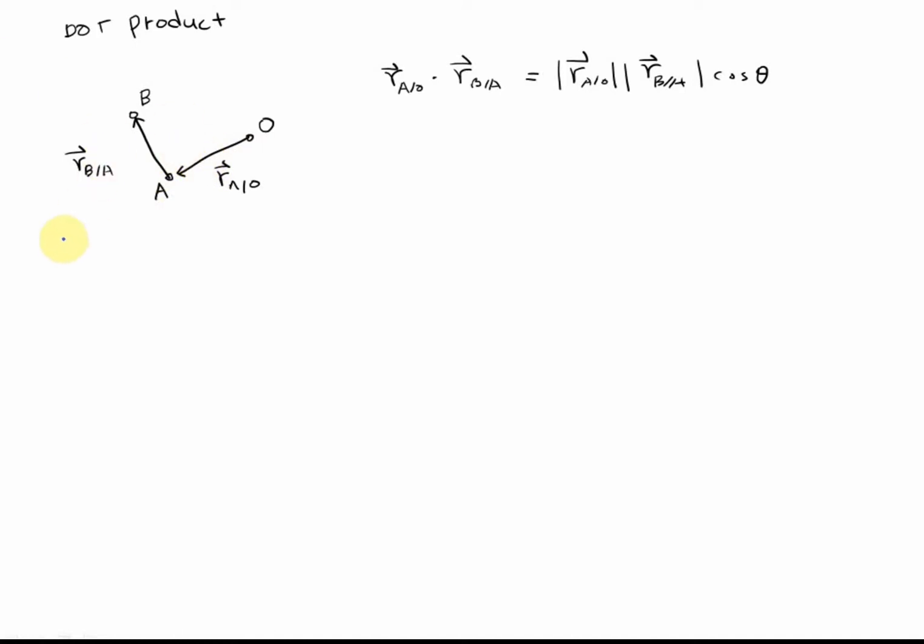If I just make a line of action for my first vector here, this vector heading toward A, so if I just shift this vector here, and then the second vector starts from A heading to B. So right now this theta should be the angle between the two vectors.